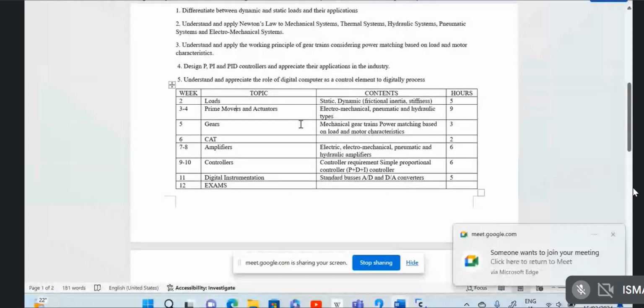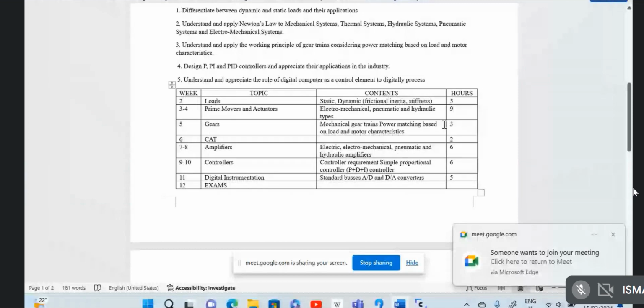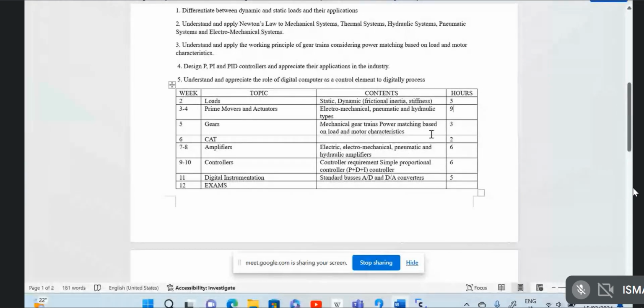Then we shall also go to week 5, let's talk about gears, which will cover the mechanical gear trains, power matching based on load and motor characteristics. Then we shall do maybe a CAT somewhere, we shall think about it.